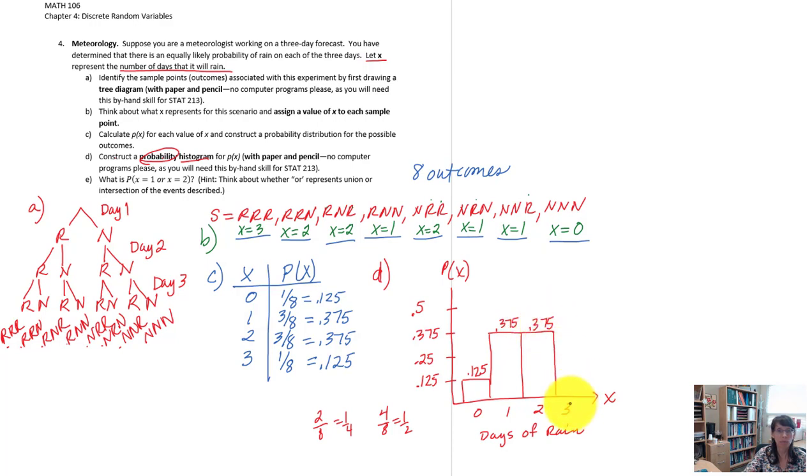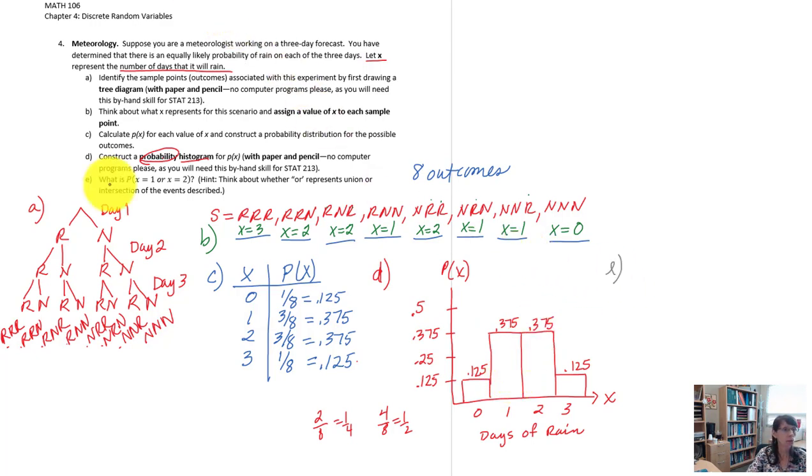And finally, probability for x value of 3 is 0.125. So you can see it's a symmetric histogram, isn't it? All right, so we have everything included. We've labeled the x-axis and probability of x. We've titled our axis days of rain. And this is now our probability histogram.